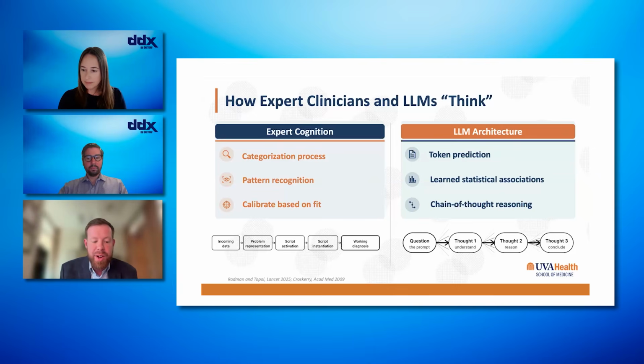The mechanisms are slightly different, but the cognitive task is the same, and that's to match the presentation of the patient to a known pattern and apply a diagnostic label to that. So perhaps it shouldn't be too surprising that AI is continually reaching that threshold of human performance and may perhaps pass it.